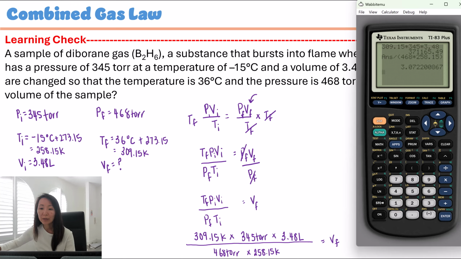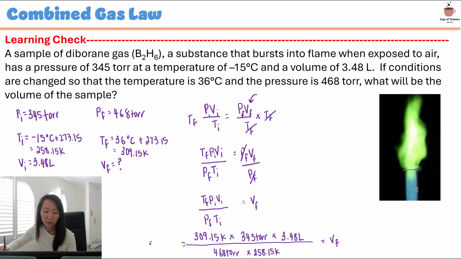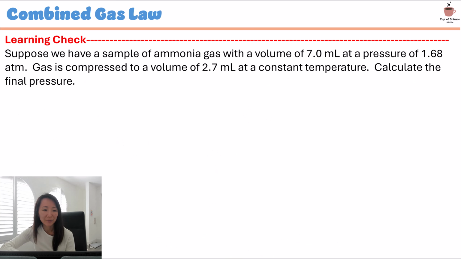And I get 3.07 as my volume. I'm going to write that down here, 3.07 liters. How did I know it was liters? Kelvins cancel, torrs cancel, and I'm only left with liters. So 3.07 liters.